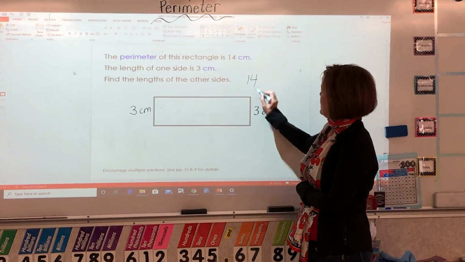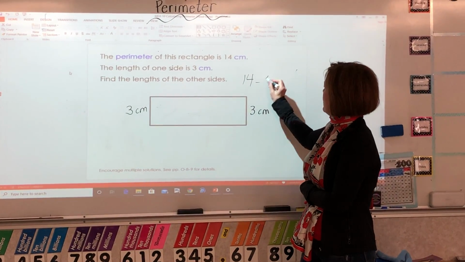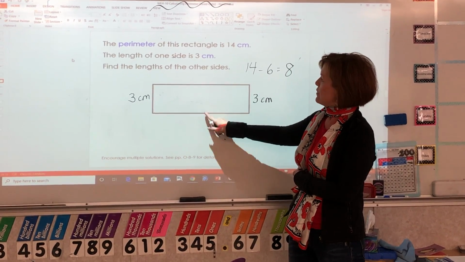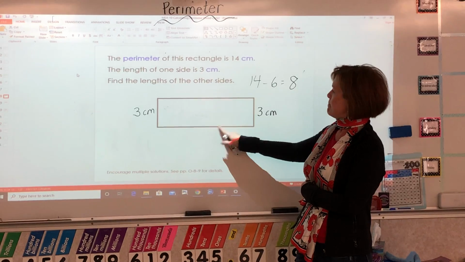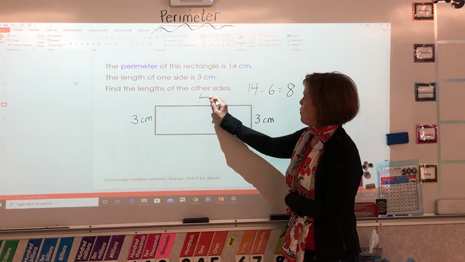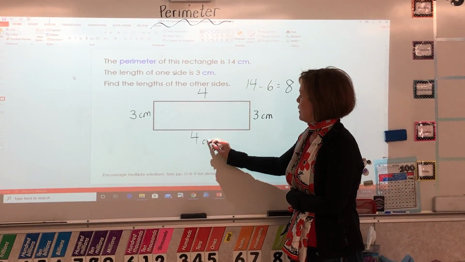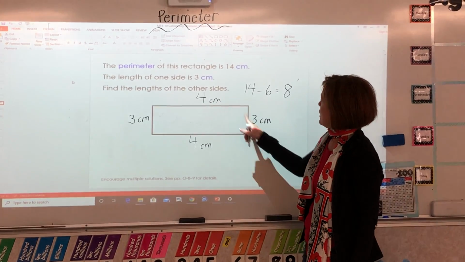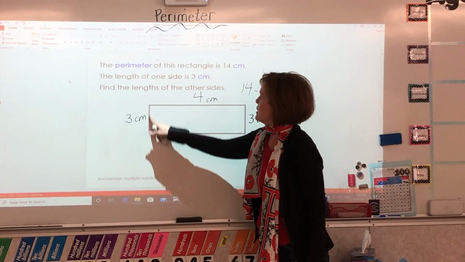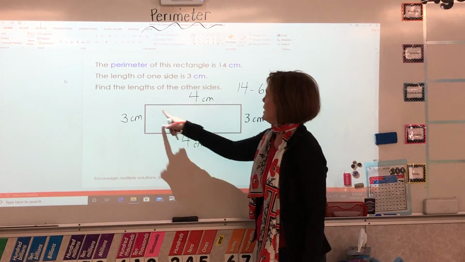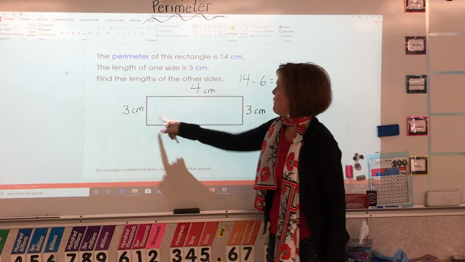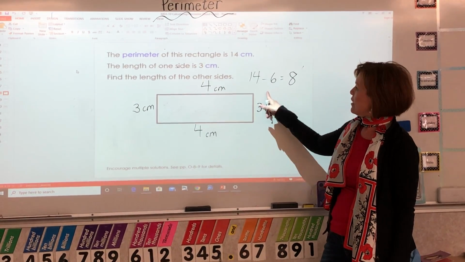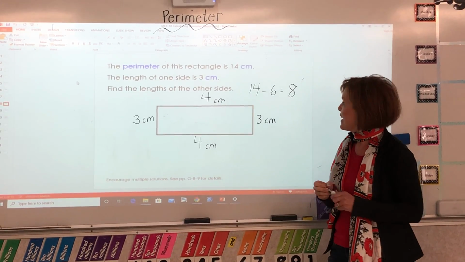If I have 14 and I take away the 6 that is already there, I've got 8. And I know these two sides together have to equal 8. 8 divided by 2, that would be 4 and 4. Now, does this make sense? Always check if it makes sense. If this is 4 and this is 3, and this is 4 and this is 3, is the perimeter 14? And yes, it is. 7 plus 7 is 14. And so there we had to use some logical thinking in order to solve all the sides of that rectangle.